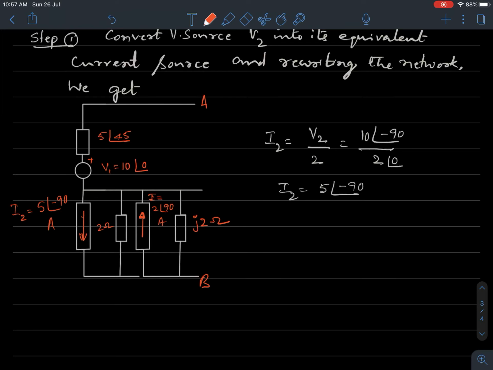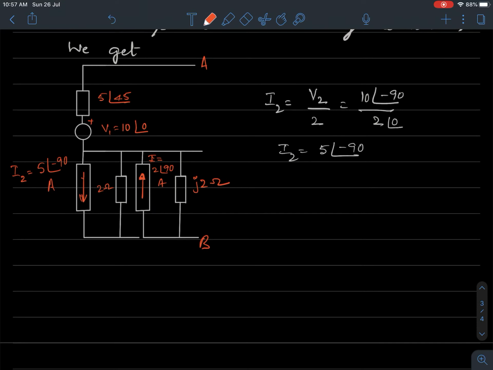Now in this particular figure, I and I2 are in parallel. There are two current sources in parallel, but they are of opposite polarity. What do we mean by polarity in an AC circuit? When we talk about an alternating current circuit, or about phasor quantities, the sign always indicates what we call instantaneous polarity.